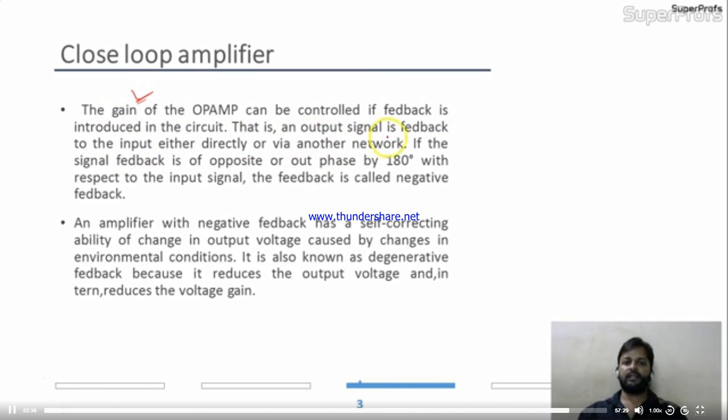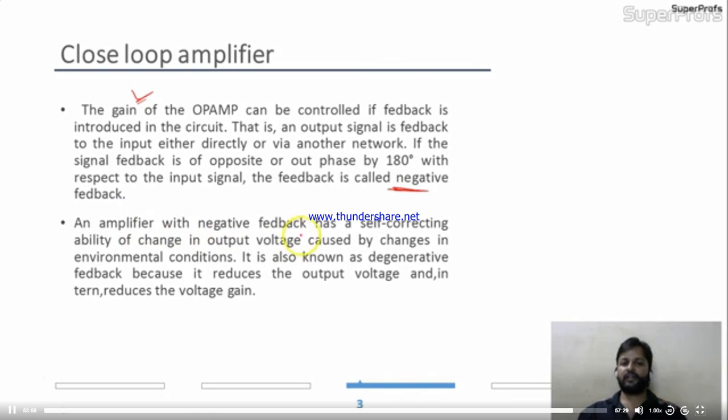That is, an output signal is fed back to the input either directly or via another network. If the signal fed back is out of phase by 180 degree with respect to the input signal, the feedback is called the negative feedback. Is it okay?